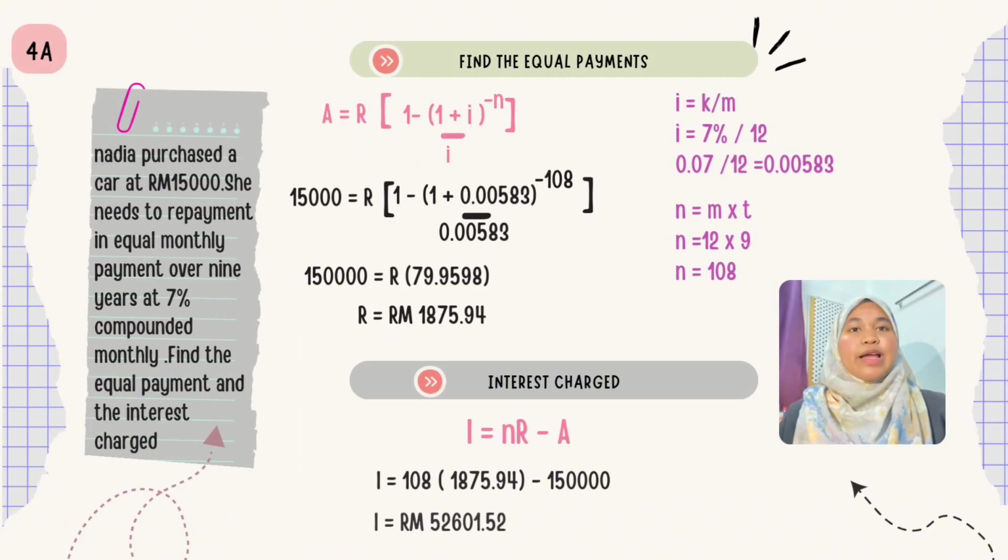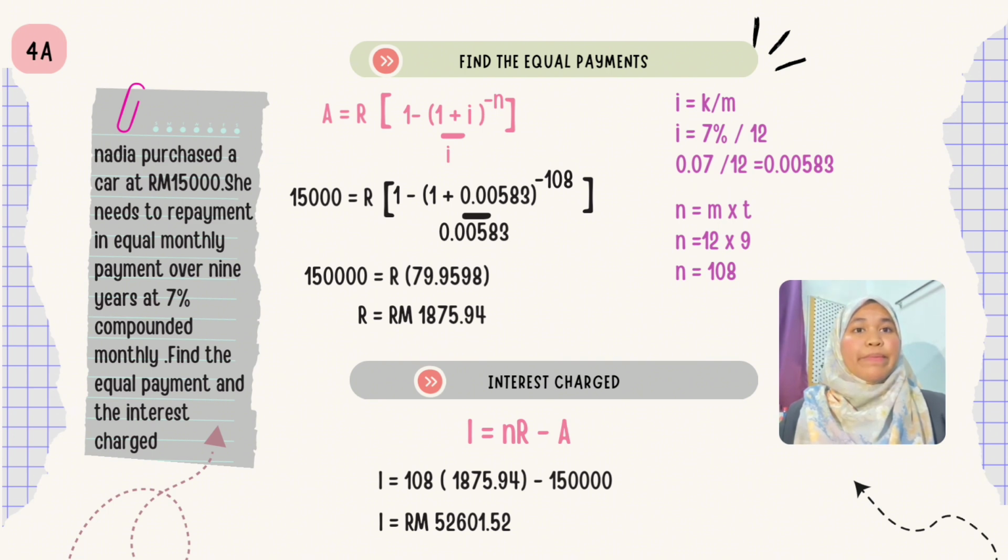Nadia purchased a car at Rm 15,000, and she needs to repay in equal monthly payments over 9 years at 7% compounded monthly. Find the equal payment and the interest charge. We use the present value formula for equal payment, which is A equal R bracket 1 minus bracket 1 plus I to the power of negative n divided by I bracket.